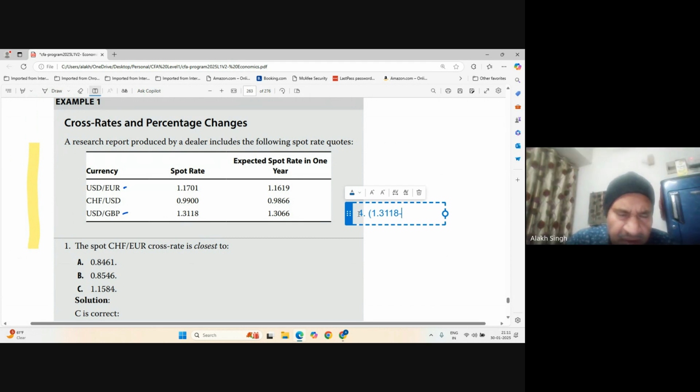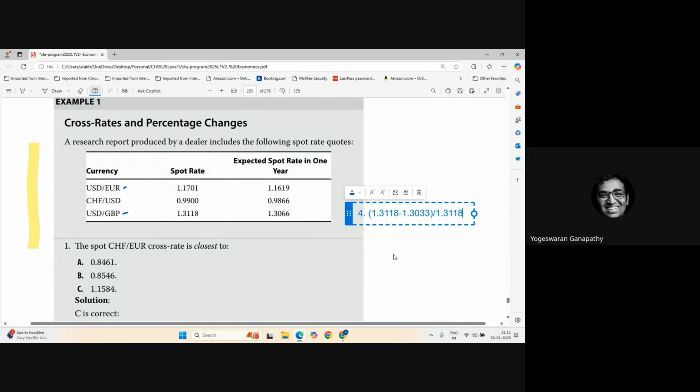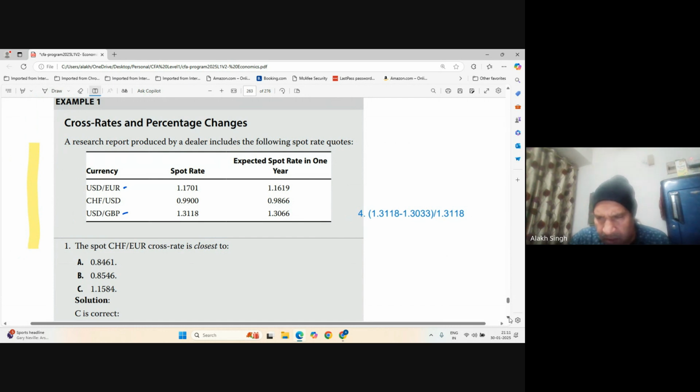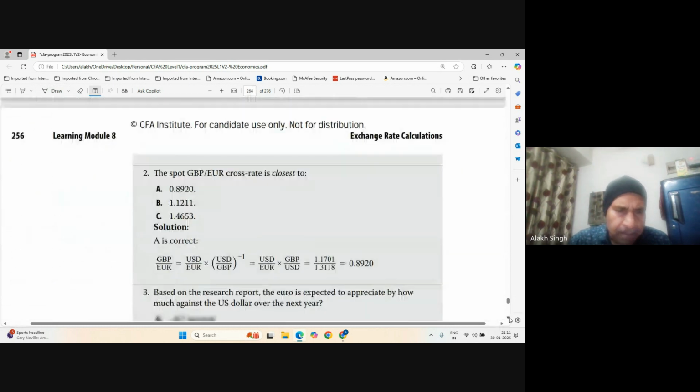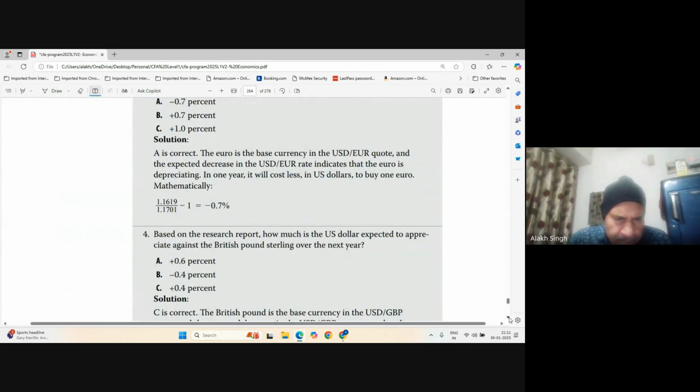Now it is correct. Minus 1.3066 divided by 1.3118. You use this formula, no? Yes, sir. Okay. So 0.39%, 0.4%, plus 0.4%. Okay, correct.